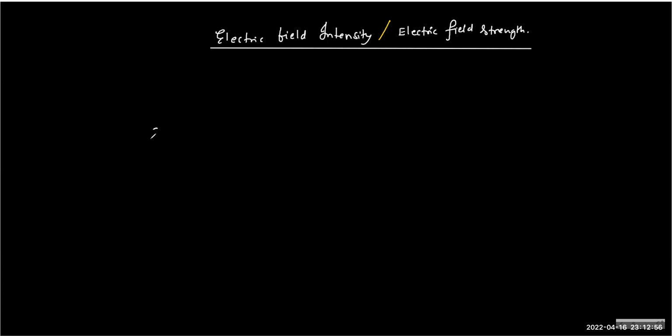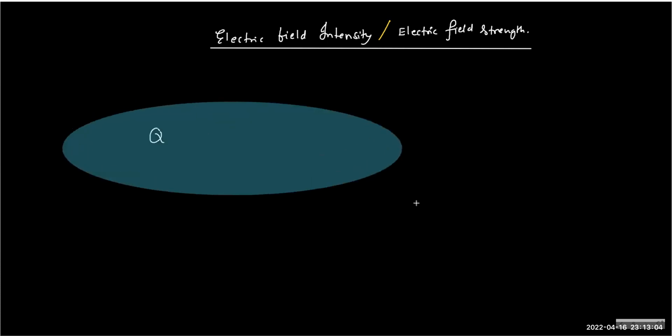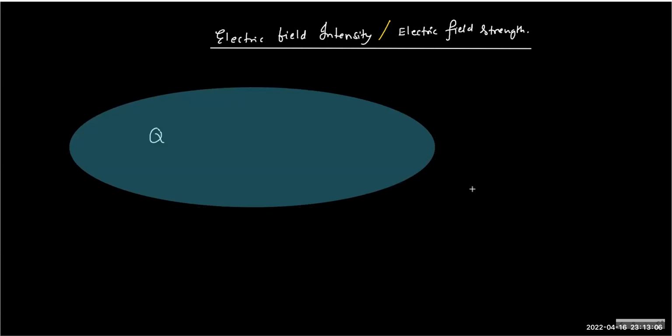So if we have some charge Q, we know that it will create some hypothetical field around itself. I would like to know how strong the field is at a location R away. So I want to know how strong the field will be at a distance R from the given charge.